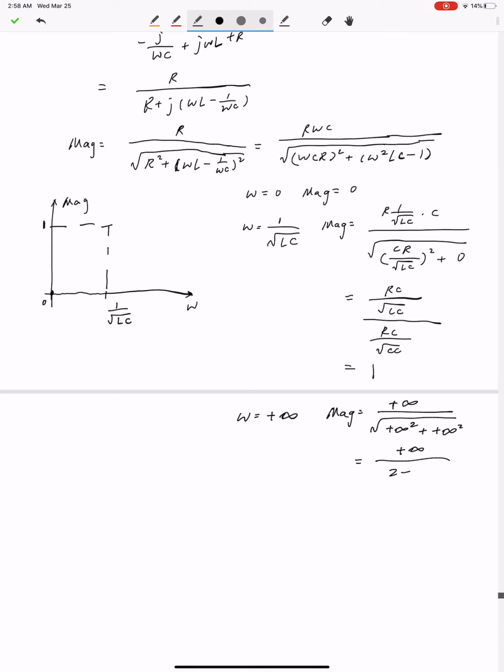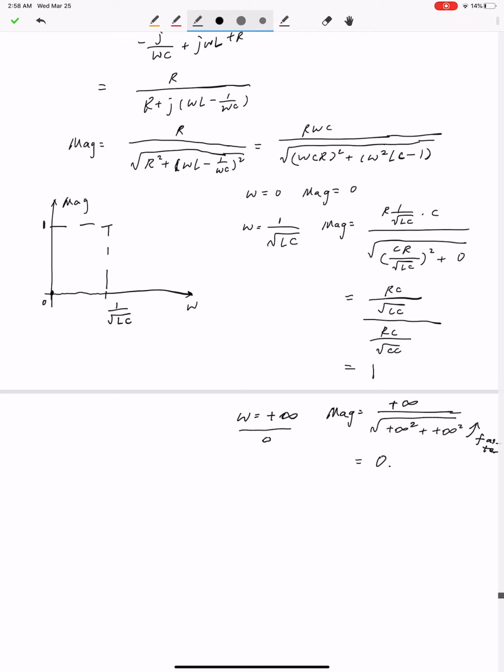Yes, we can find the bottom part is actually increasing faster than the top side, which means when omega equals positive infinity, the magnitude becomes 0 again, right?